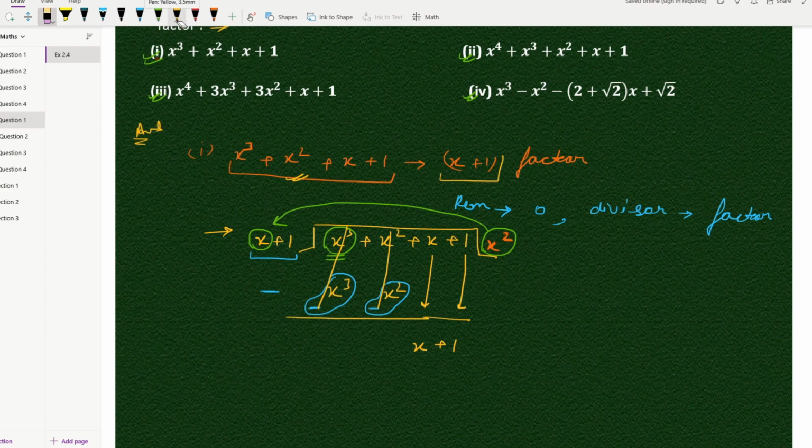This is the remainder number 1, right? So we'll divide the x here by the x here. So the answer will be 1.